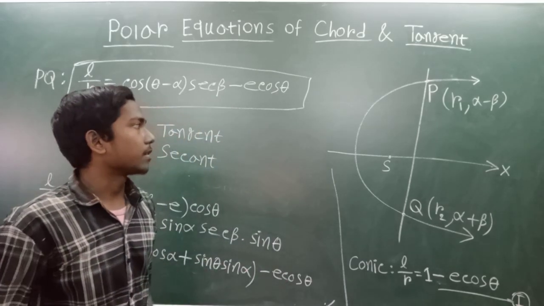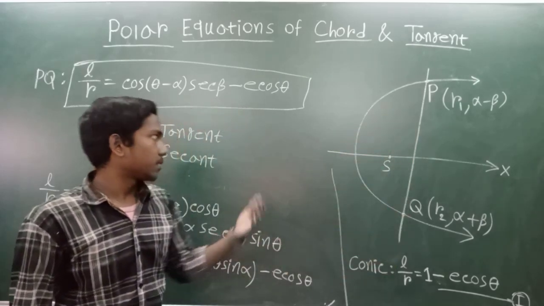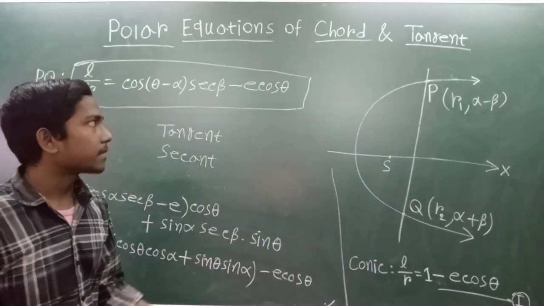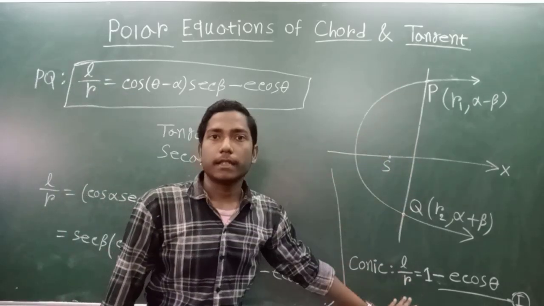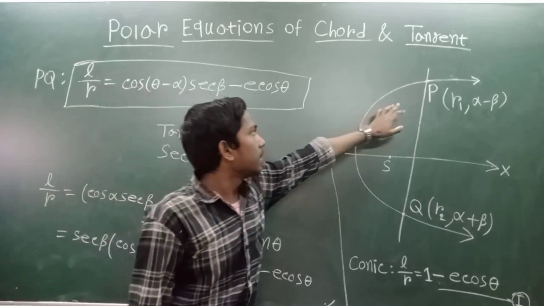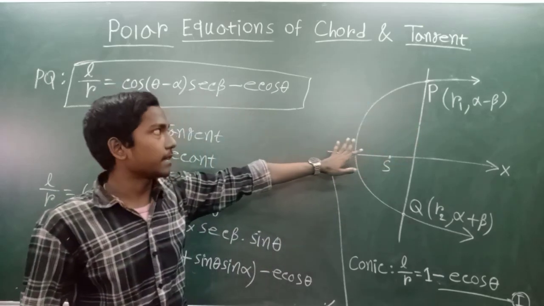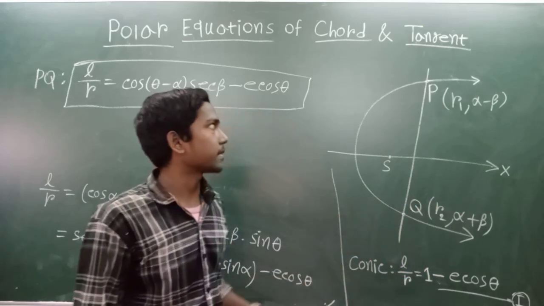A secant is a straight line which cuts a conic at 2 points on its circumference. This is a chord, and it is called a secant since it intersects the conic at 2 points.